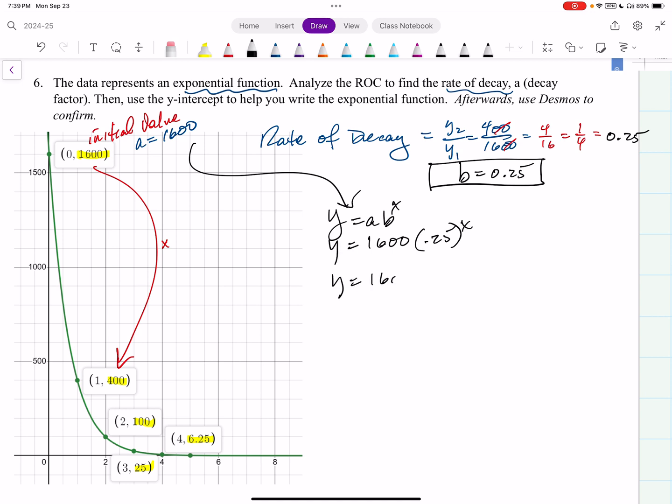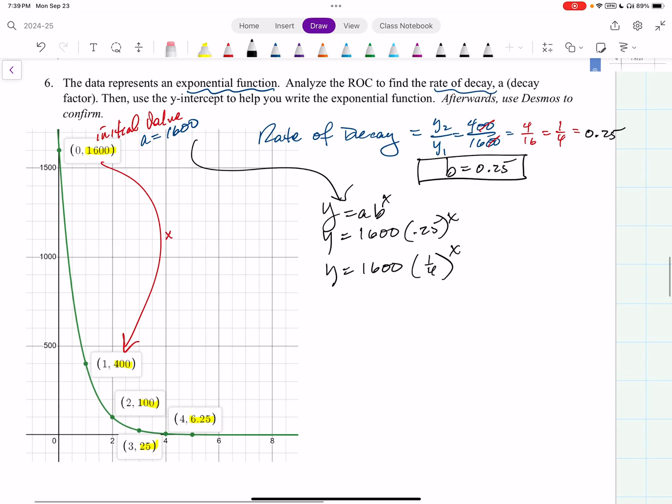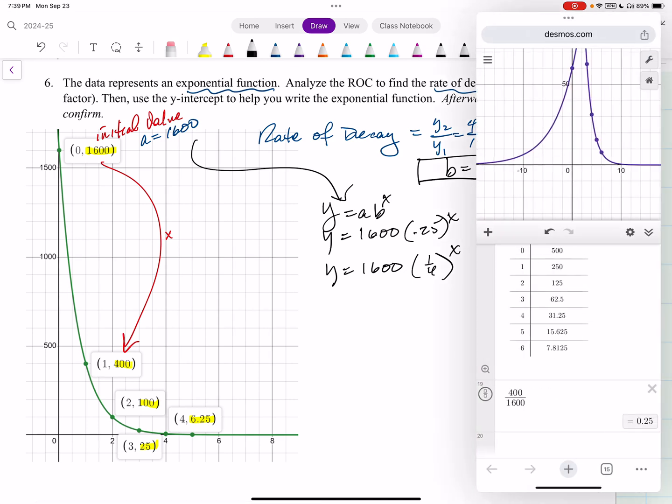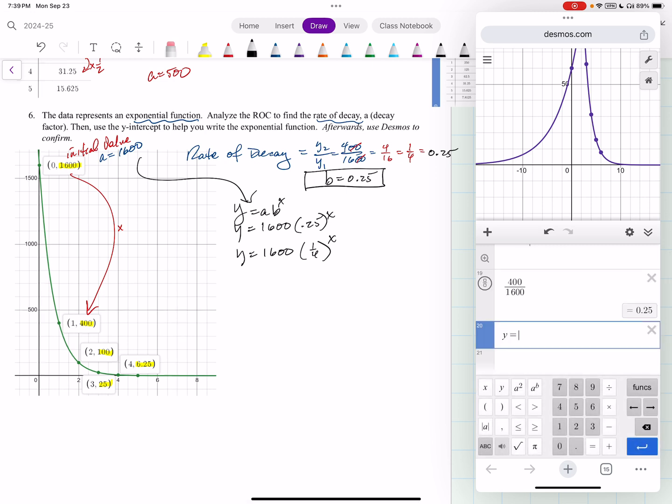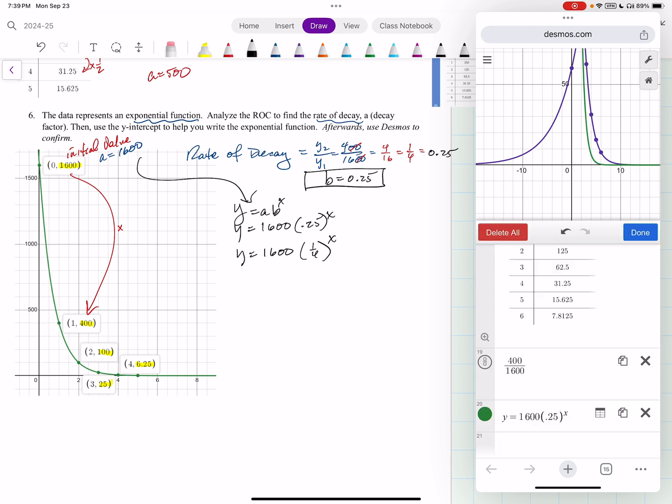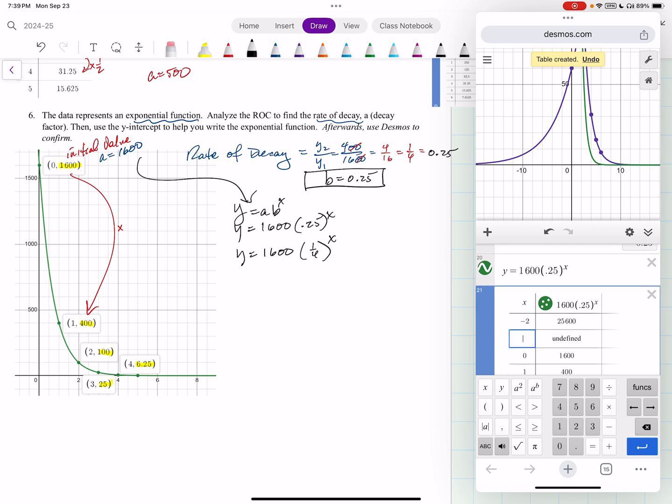So in fractional form, you have 1600 times 1/4 to the x power, same thing. And then again, you can put that in decimals if you like. What the heck, let's just do it while we're here. So y equals 1600 times 0.25 raised to the x power. Click on the gear, change it to a table, and change your values.